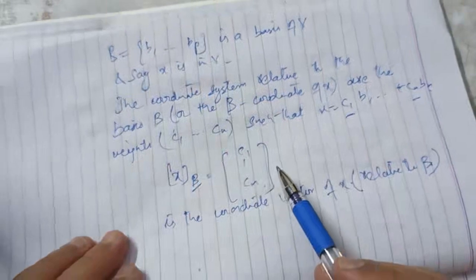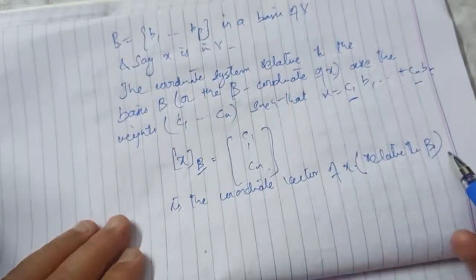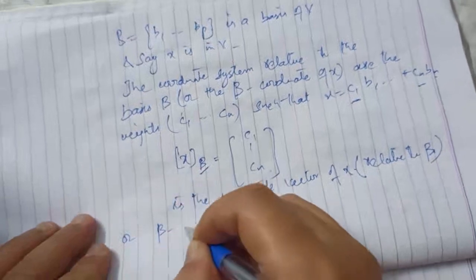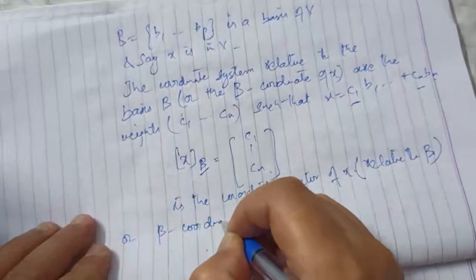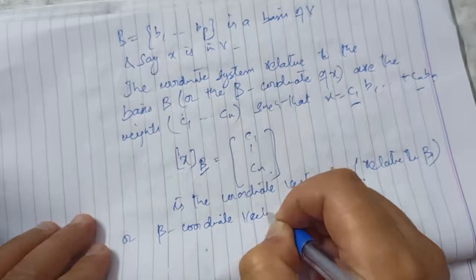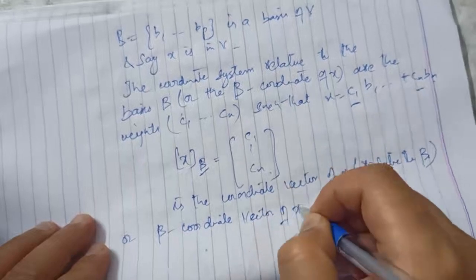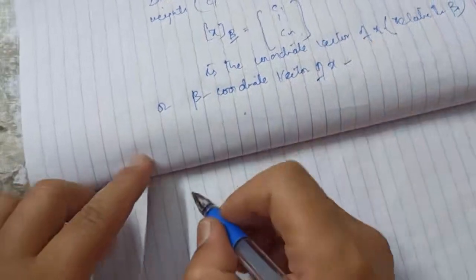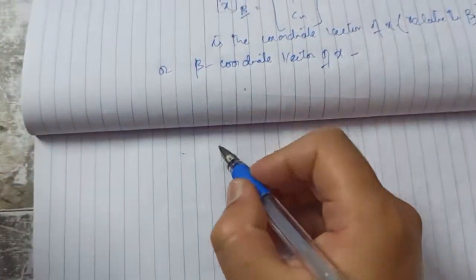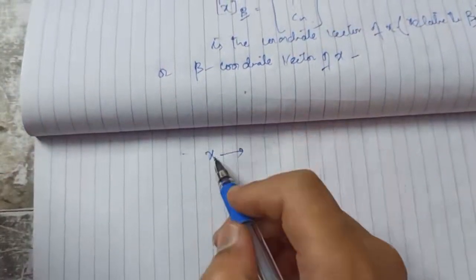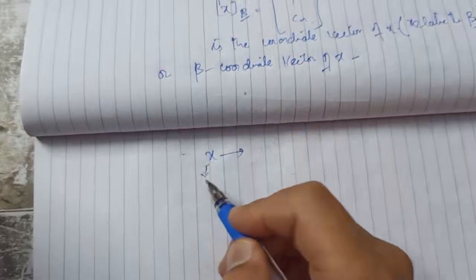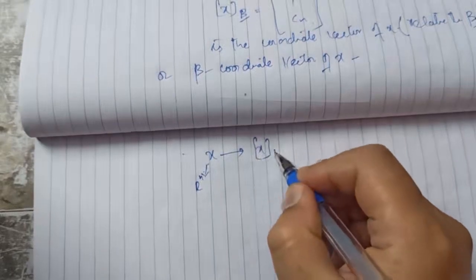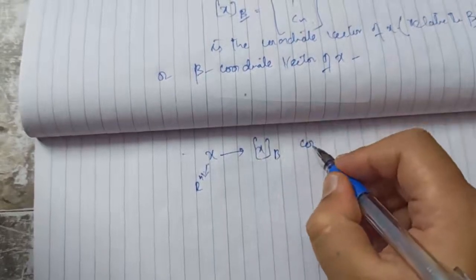You can say the beta coordinate vector of x. And anything that transforms this x in Rn, or whatever the subspace, to its coordinate vector is the coordinate mapping.